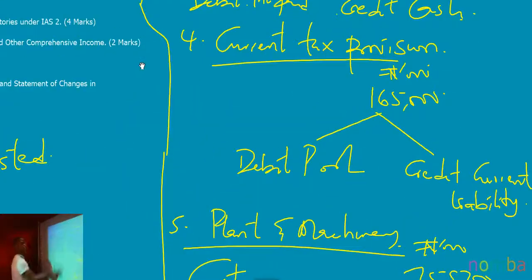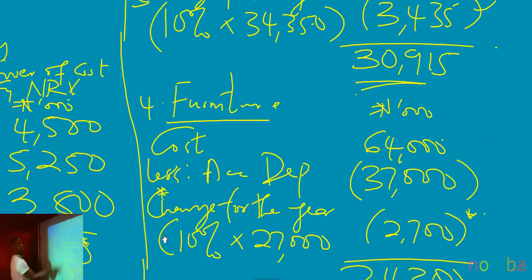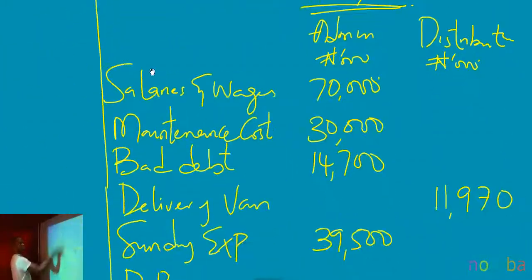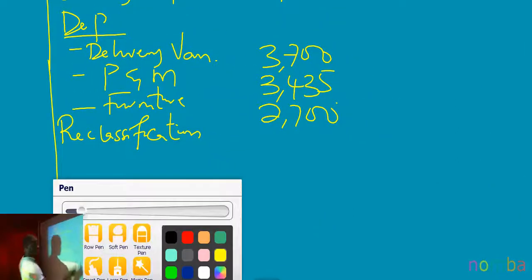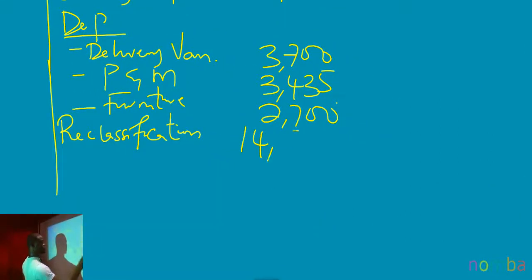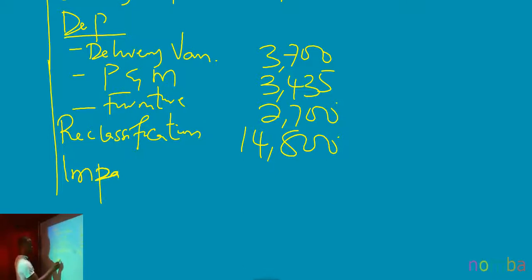I hope you remember. So it is 14,800. Okay, so we have picked all depreciation items. So the final item should be the impairment loss, which is 2,300.